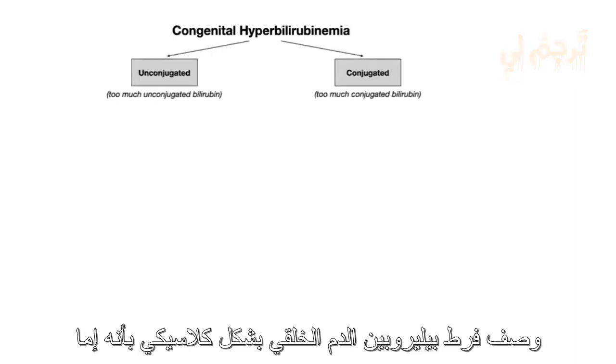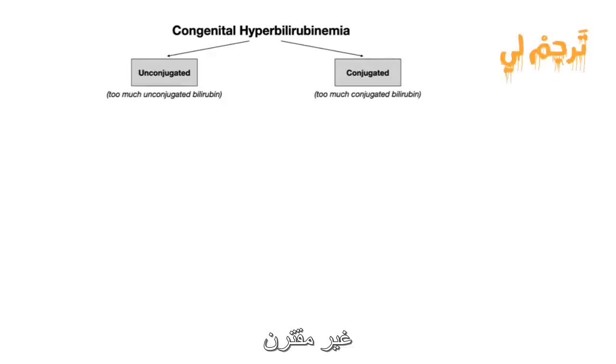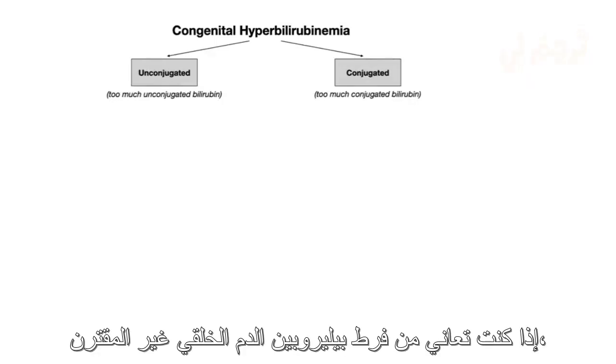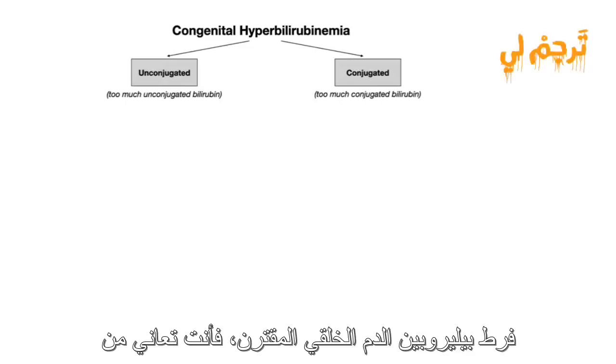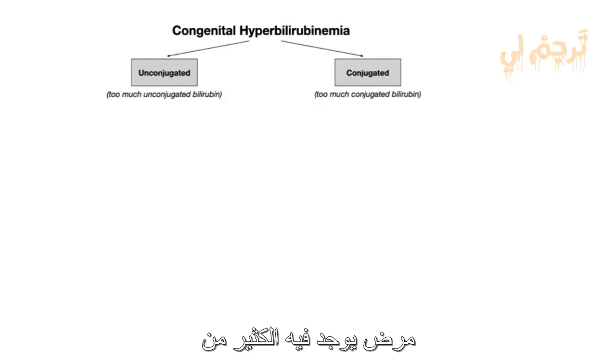Congenital hyperbilirubinemias are classically described as either unconjugated or conjugated, which is to say that if you have an unconjugated congenital hyperbilirubinemia, it's a disease where there's too much unconjugated bilirubin. And likewise, if you have a conjugated congenital hyperbilirubinemia, you have a disease where there's too much conjugated bilirubin.